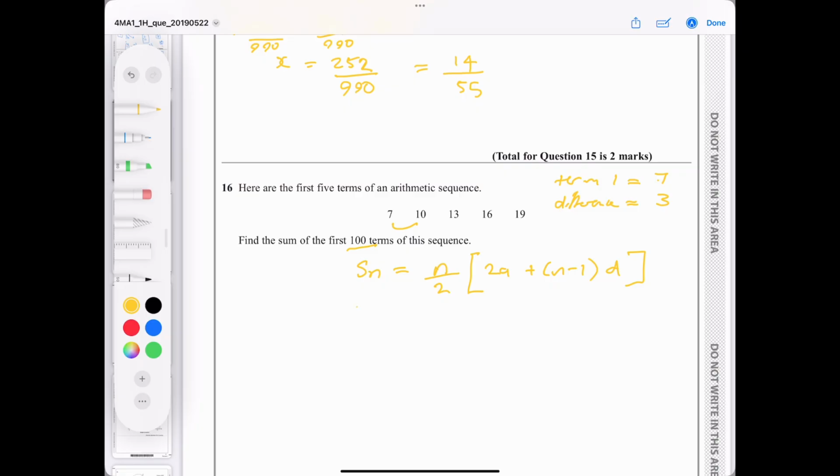So it means the sum of 100 equals 100 over 2 times d, the difference. So I'm assuming that's the 99 times 3 at the end. And 2a would be 14. So 2 times 7 plus.